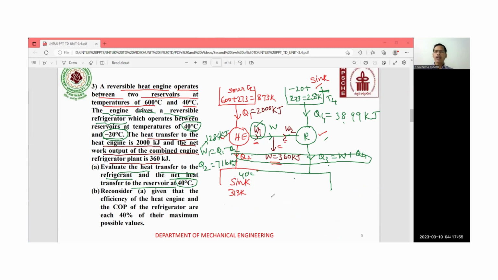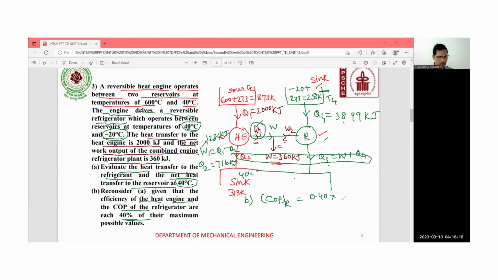So that means earlier whatever value you have got for the COP of a refrigerator, in this second bit B, given that the efficiency of a heat engine and the COP of a refrigerator are 40% of their maximum possible value. So 40% means 0.40.